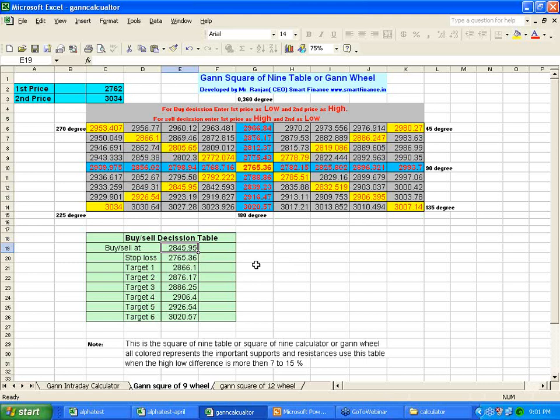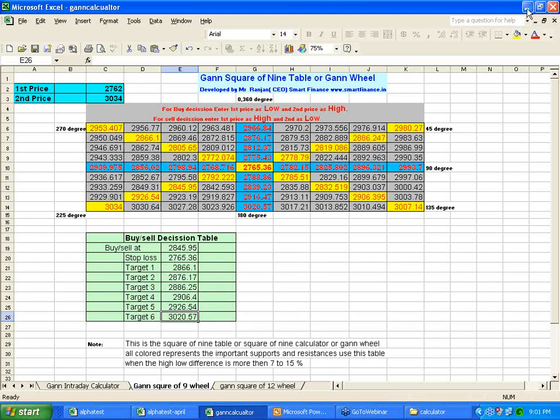Stop loss will be 2765. This is the seed number of the Gann wheel, and the targets are 2868, 2906, 3020, and the final target is 3034. So this is the Gann square of 9.